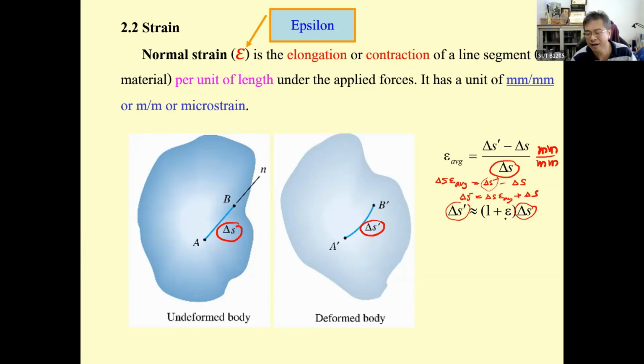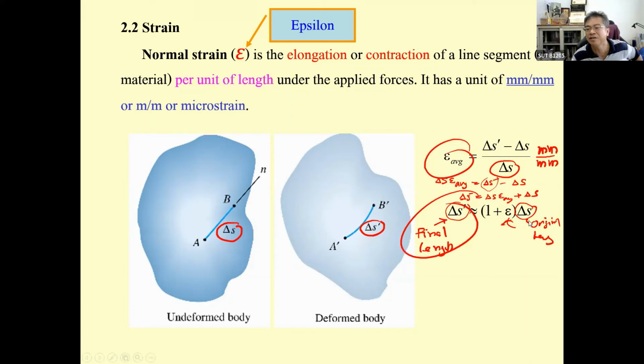By doing this, you can determine the final length by knowing the original length and the strain. That means you can determine the strain by this equation, and you determine the length by using this equation. Mathematically, the strain is defined by this equation; we don't use this one much, we are going to use this one a lot.